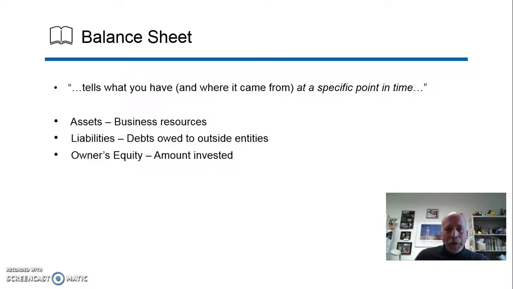To understand what a balance sheet is, the balance sheet tells you what you have and where it came from. What's different about this financial statement is that it's at a specific point in time. It's not over a period of time like your income statement was. It's at a specific point in time.